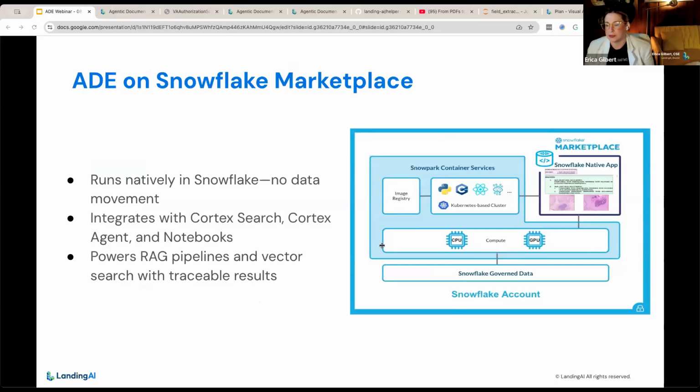And it can also feed retrieval augmented generation, RAG pipelines, and vector search directly. So we offer both a connected app and a native app. So if you're an existing Snowflake customer and using that as your data layer, this is a really great way to leverage ADE and get it integrated into your existing pipelines.